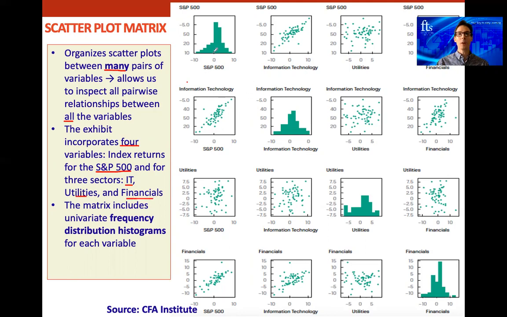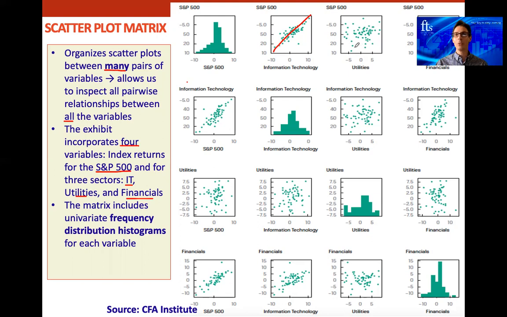At the top over here, we're plotting the S&P 500 against the IT stock. We can see quite a positive relationship there. When the tech is doing well, the S&P 500 is doing well; when the tech is doing badly, the S&P 500 also seems to be doing badly. But if we look at the utilities, there's no relationship here. We can't draw any type of straight line through these dots.